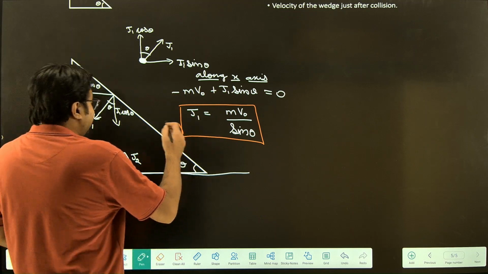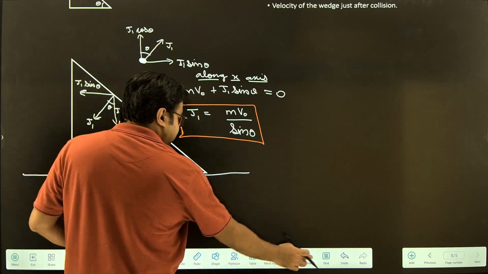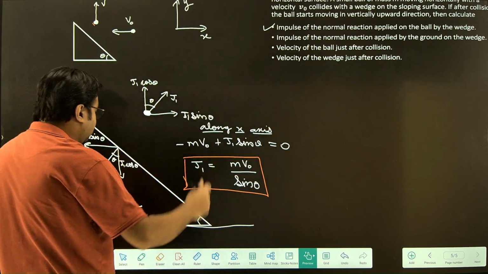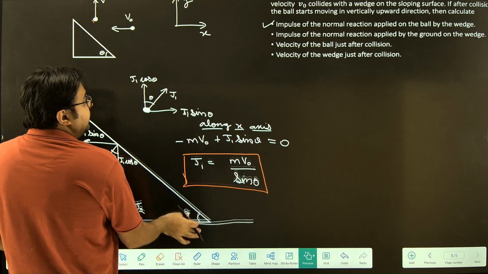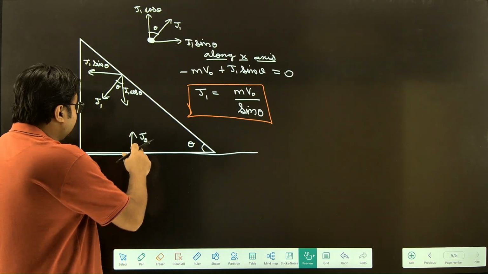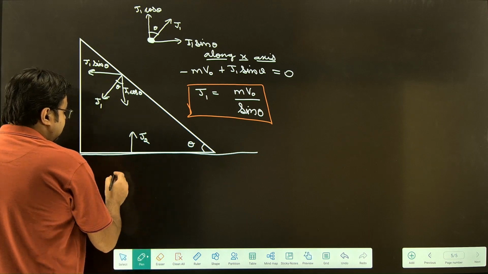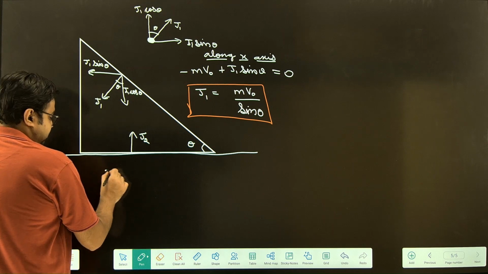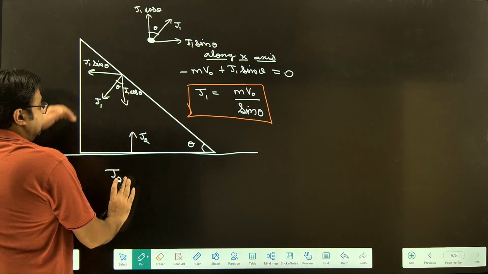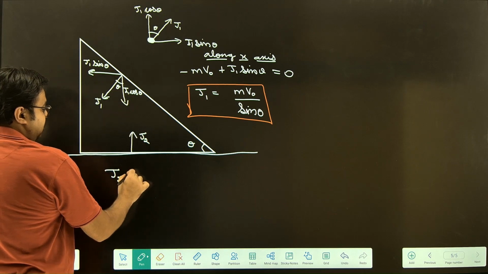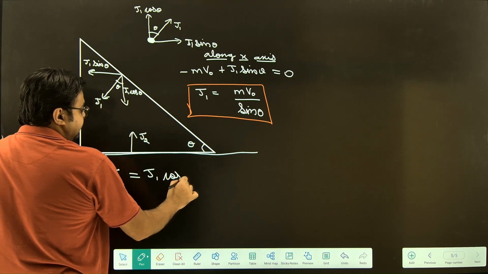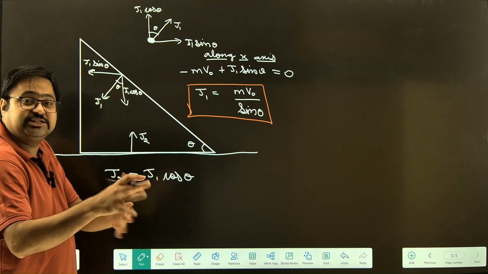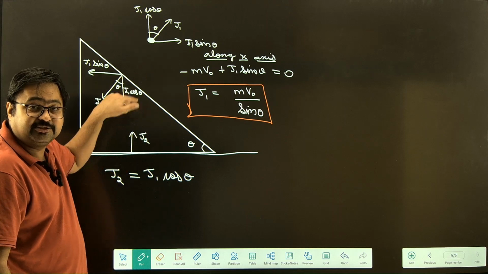Having told you that, you can calculate what is J2, because the question is to calculate the impulse of the normal reaction applied by the ground on the wedge. So J2 is the normal reaction from the ground on the wedge. J2 is the impulse, and that exactly cancels out J1 cos theta. They cancel out, and that's why there is no change in velocity along the y-axis for the wedge.